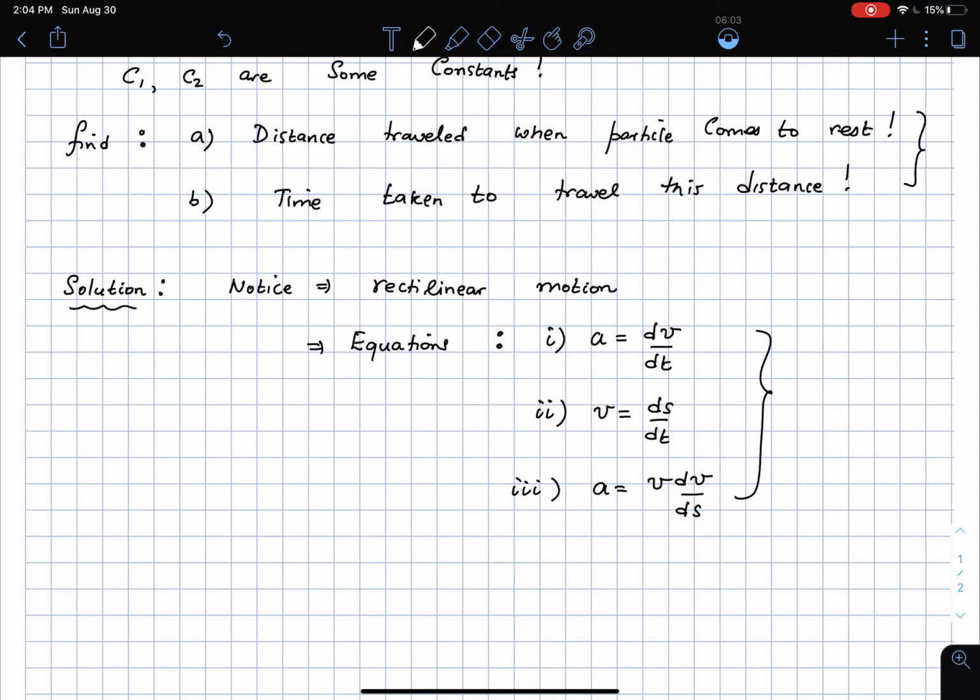These equations that you have written here, 1, 2 and 3, are valid for any type of rectilinear motion.